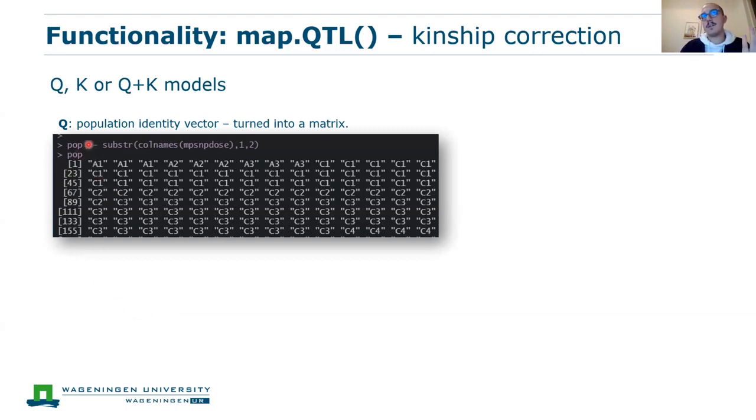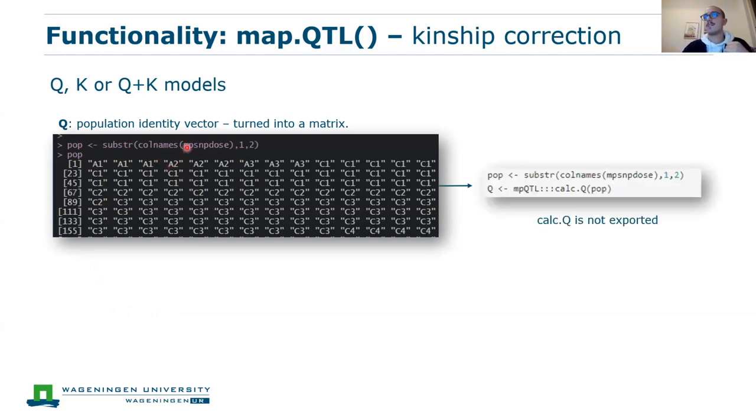So for example, I have this population vector, which defines that the first 3 individuals belong to population A1, and the second 3 to A2, and so on. So you can use that to do the Q correction. It doesn't work super well, but you can do that. You can see the kind of matrix that is created with this function that is not exported, because I wouldn't recommend you to use it. You can use it directly from the map QTL function. I will show you that in a second.